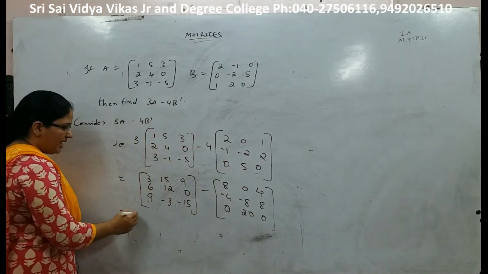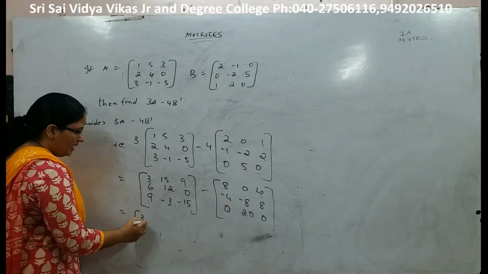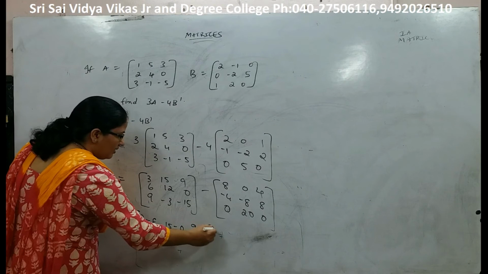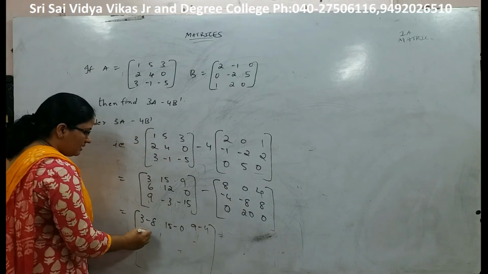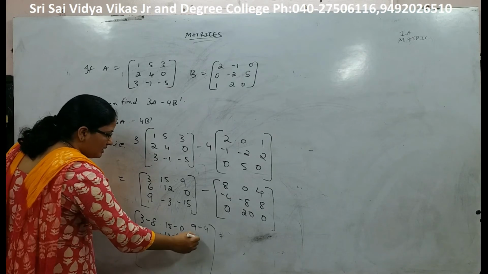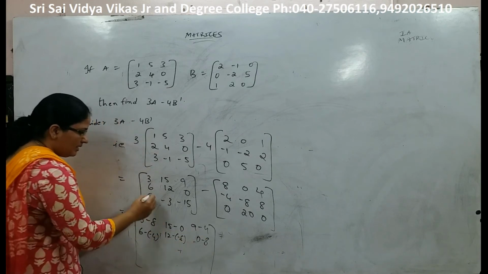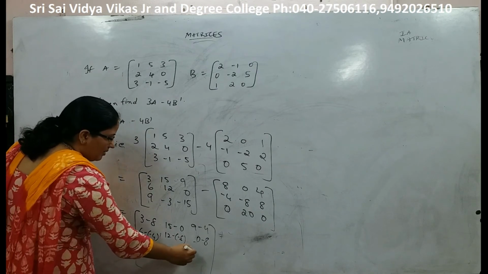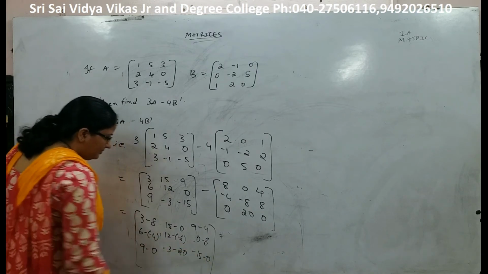Now you have to subtract the corresponding terms. 3 minus 8, 15 minus 0, 9 minus 4, 6 minus of minus 4, 12 minus of minus 8, 0 minus 8, 9 minus 0, minus 3 minus 20, minus 15 minus 0.